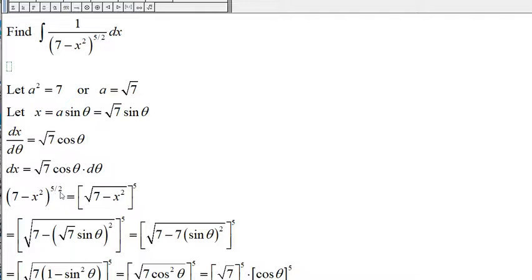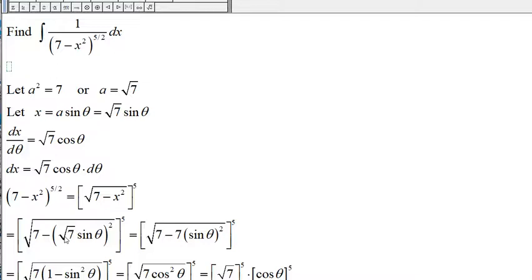So we can write it as the square root of 7 minus x squared, to the fifth power. X is the square root of 7 times sine of theta, and so we have the square root of 7 times sine of theta.